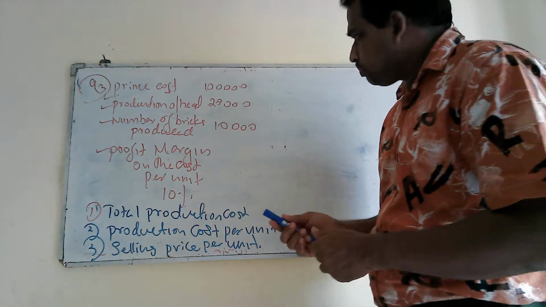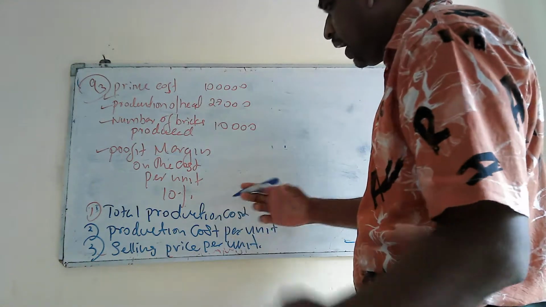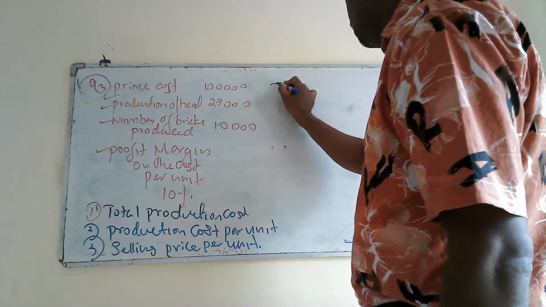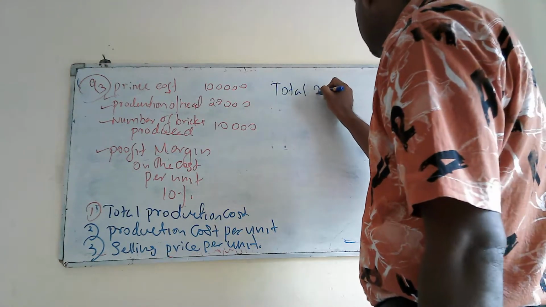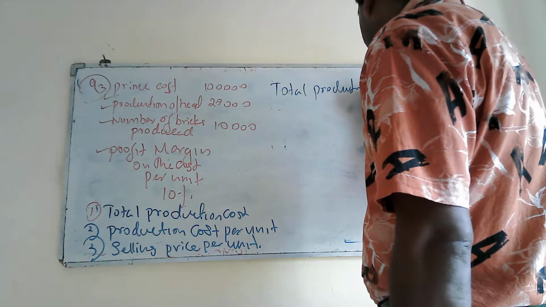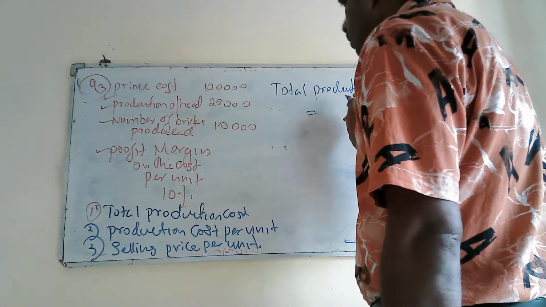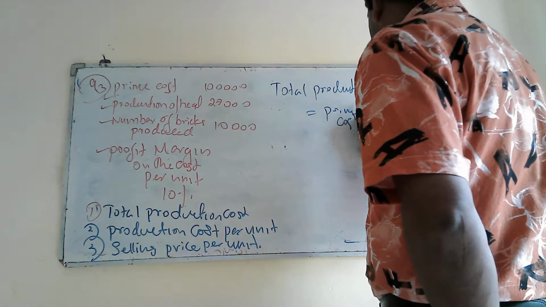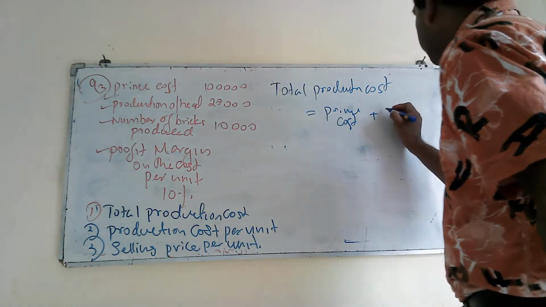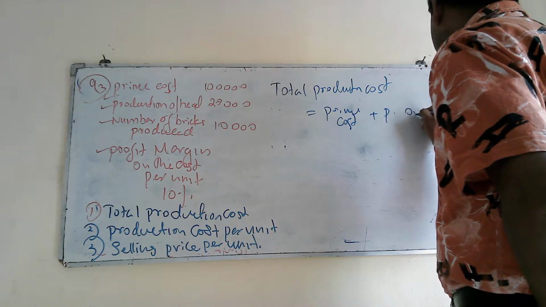Right. Then here the first part is total production cost. Total production cost equals prime cost plus production overhead.